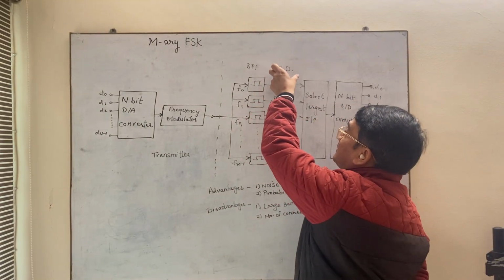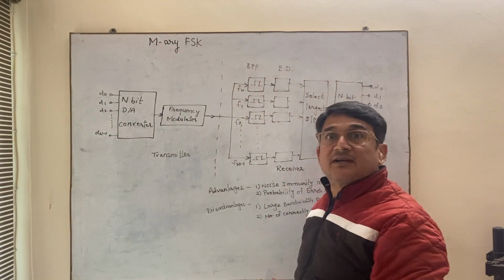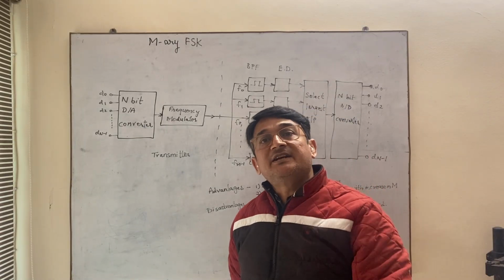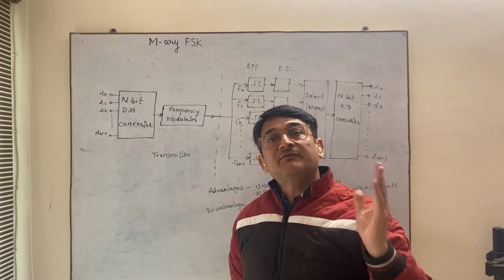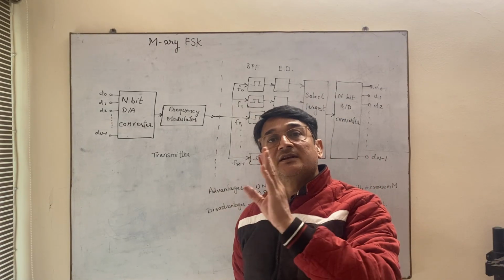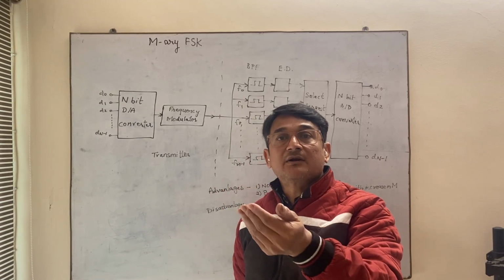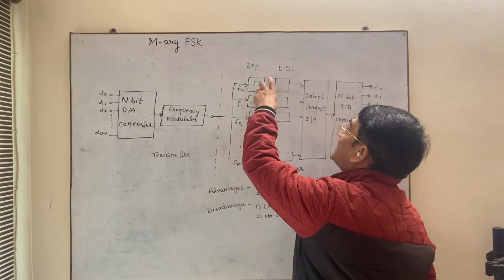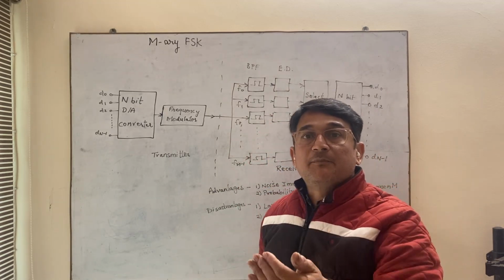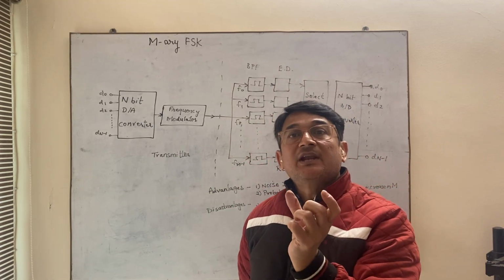After this, there are M envelope detectors. You must have studied frequency modulation, where the frequency modulated signal is converted to an amplitude modulated signal and then given to the envelope detector to get the modulating signal.